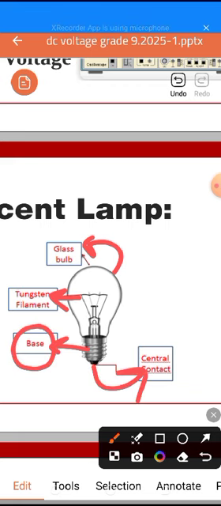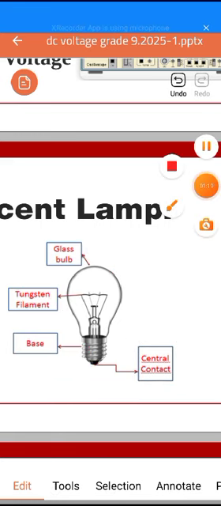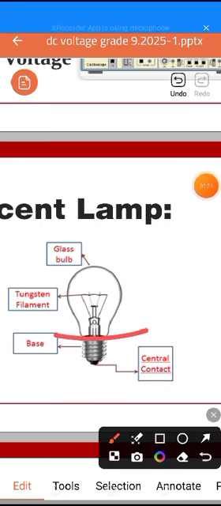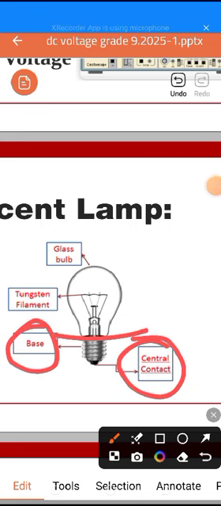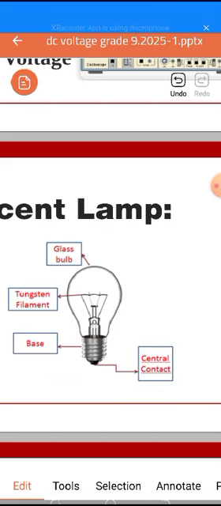We call the base and the central contact the terminals of the lamp, because when we want to connect it to a source of electricity, it must be connected from the base and the central contact. So the lamp is connected from the lower part, and that's why we call them the terminals of the lamp.